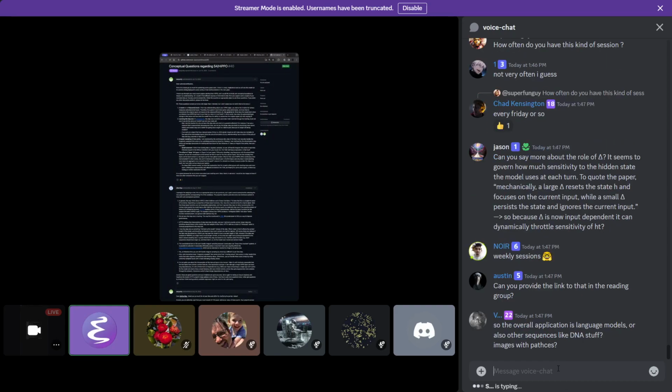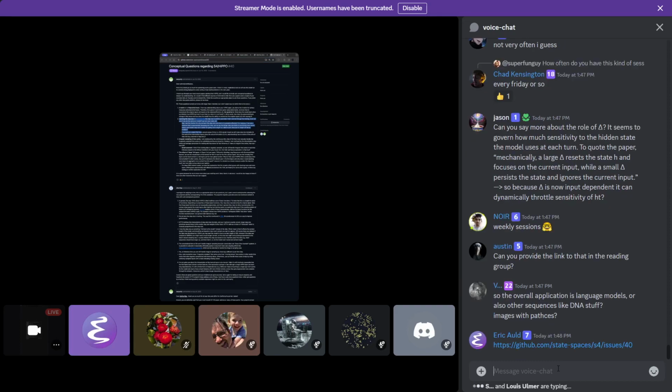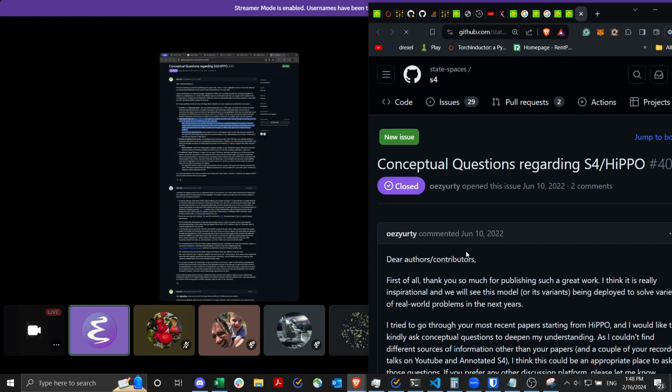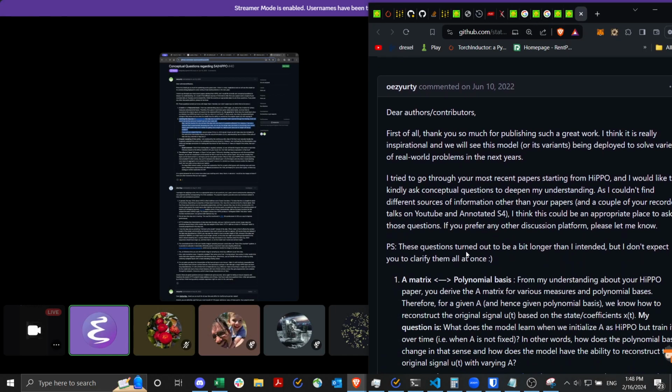Okay, so here we go: learning the time step. I'll send the link right now, and you can read it. So here's the link. Learning the time step: in the annotated S4, the step size is another parameter that is learned through training. I'm not sure if you can do the same.